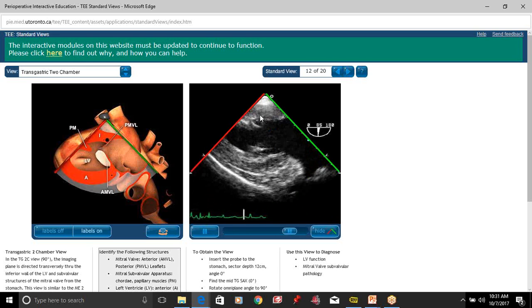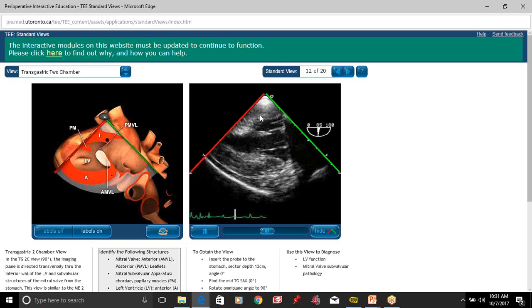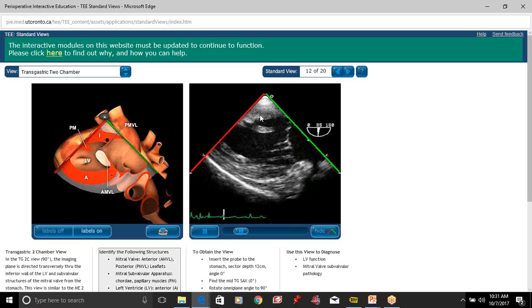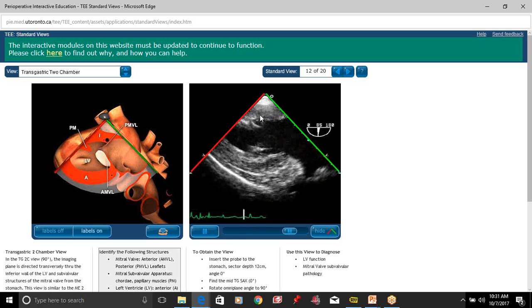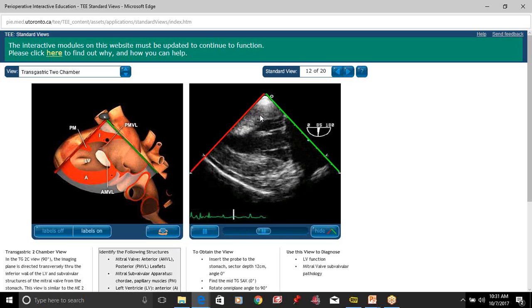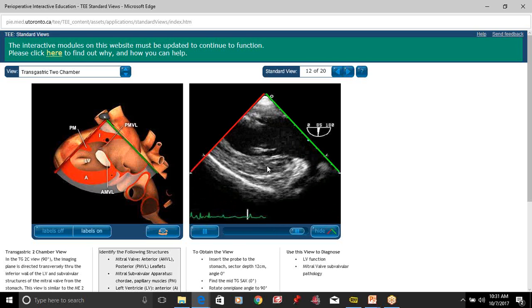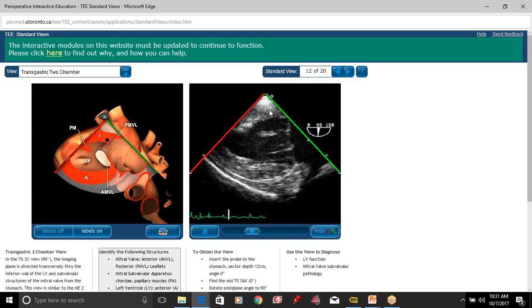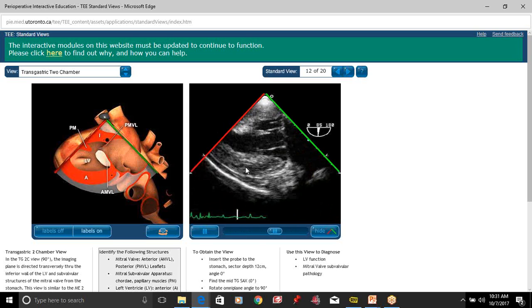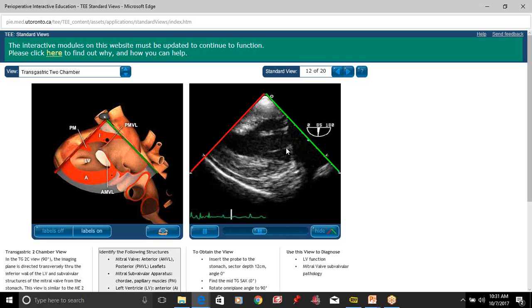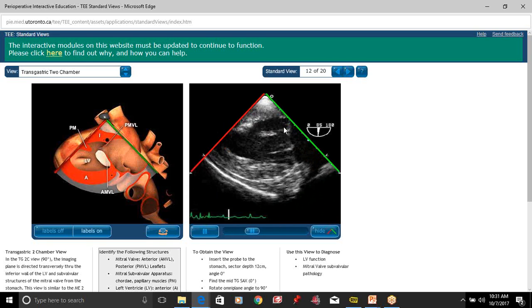When you're doing a transesophageal echo, you're below the heart. You're behind the heart. Transthoracic, you're going to be in front of the heart. Transesophageal echo, you're behind the heart. So this is your anterior wall, inferior wall. So if this is your anterior wall, it's a mitral valve, so this is going to be your anterior mitral leaflet and your posterior mitral leaflet.